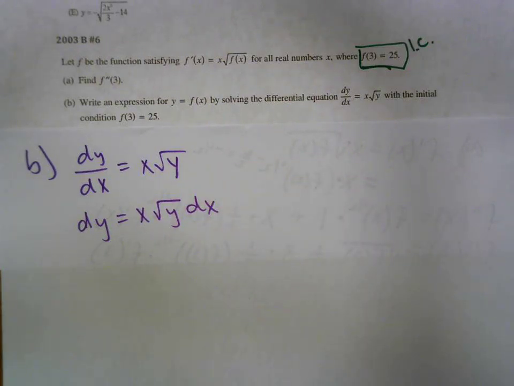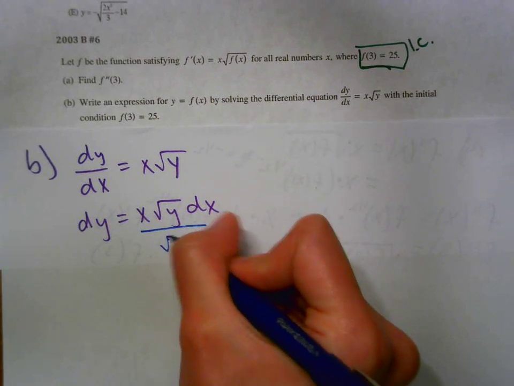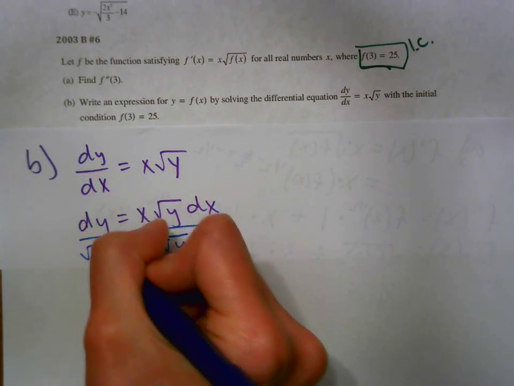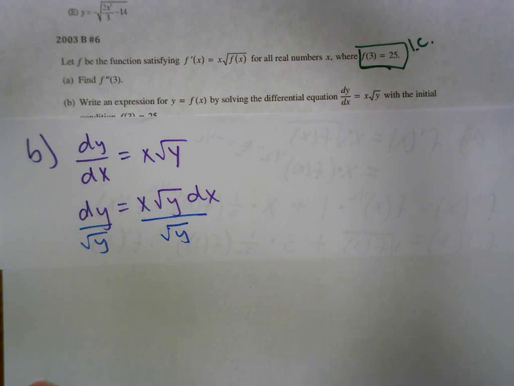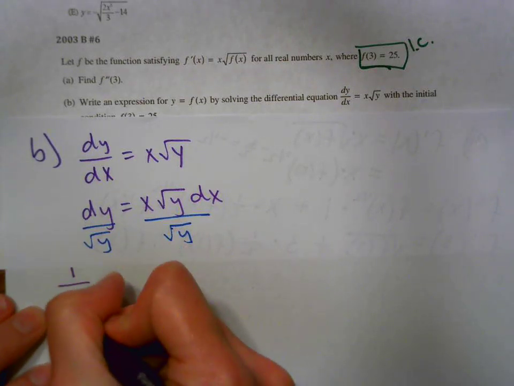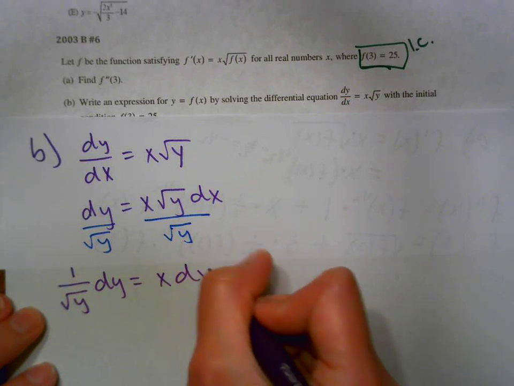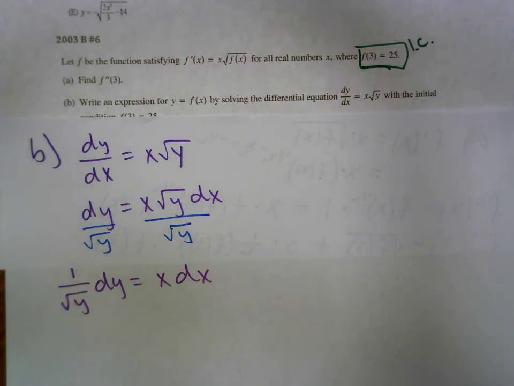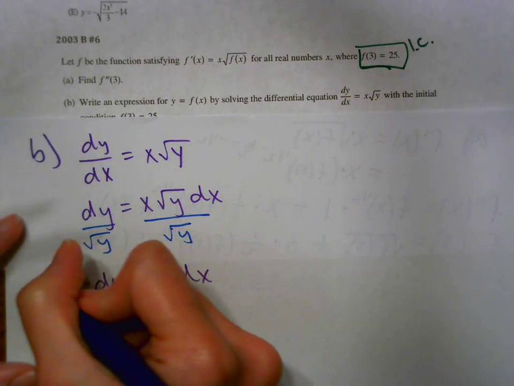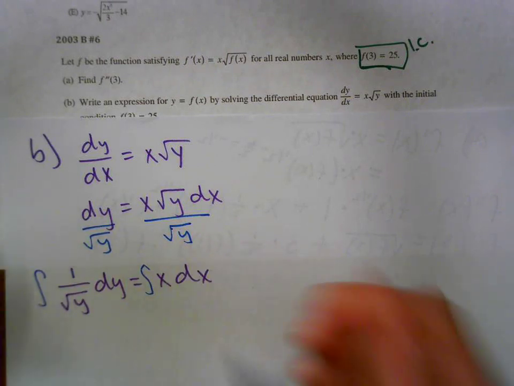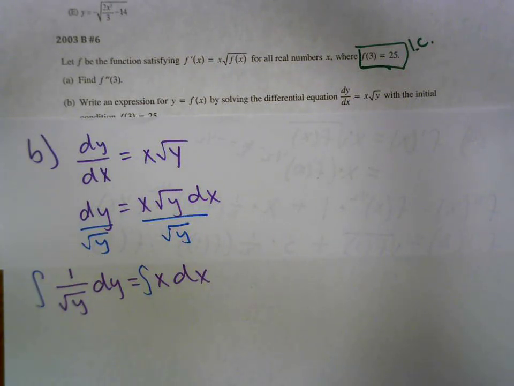So then we got to divide by our square root of y. So I'm going to rewrite this as 1 over square root of y dy equals x dx. So we separated, so now we're ready to integrate. So how do we integrate 1 over square root of y?